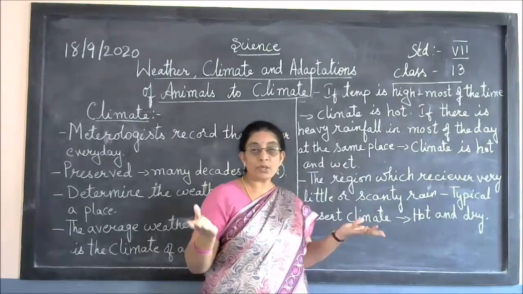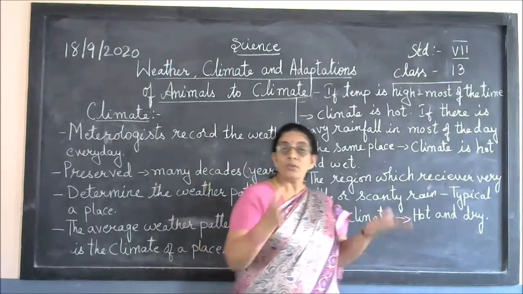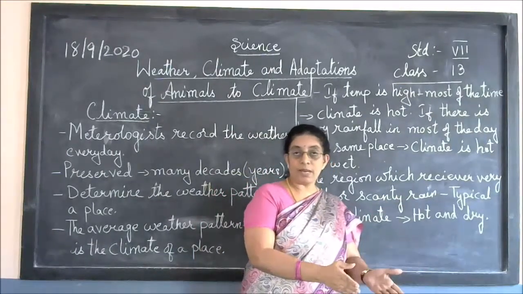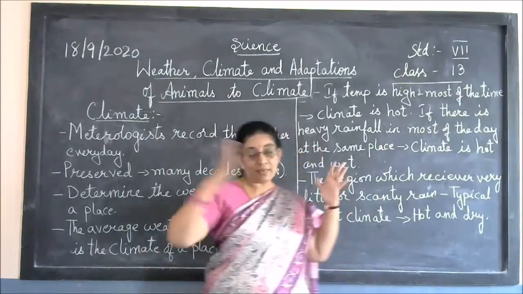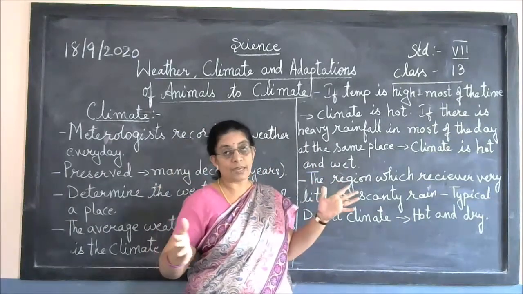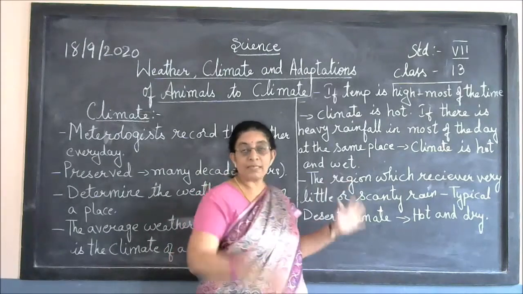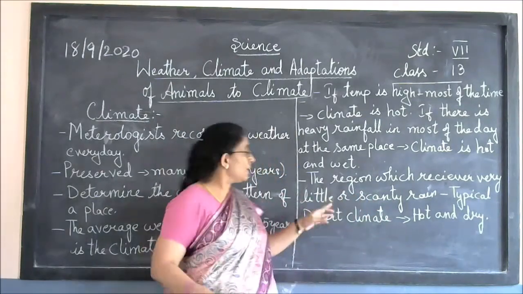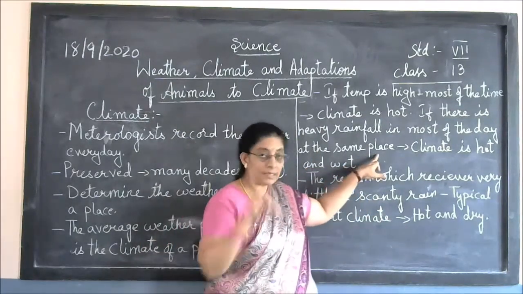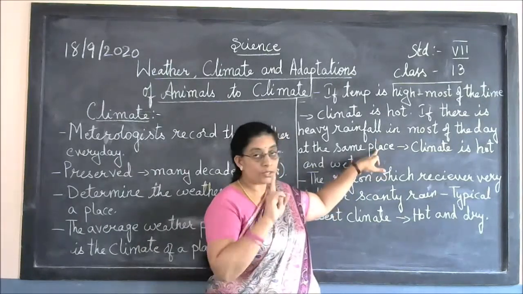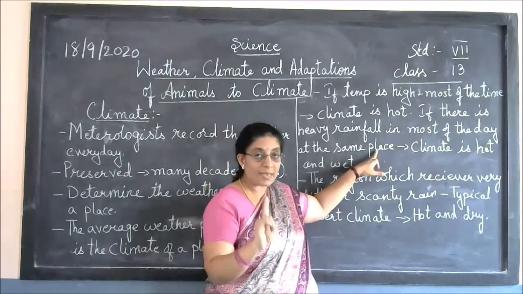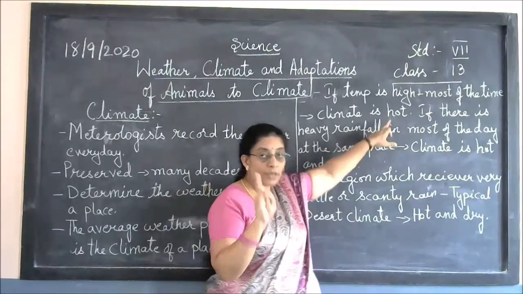Though the weather is hot, the rain will be pouring. Or sometimes the rain will come, it will stop, again the sun will be out, again the rain will come, again they have a downpour. But still the weather will be hot till the evening. And this is in the same place, not a different place, the same place where they have the hot climate.